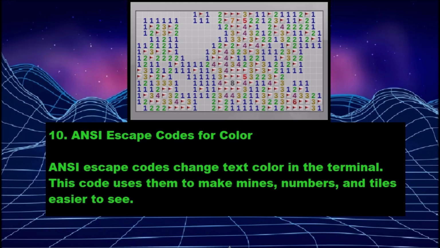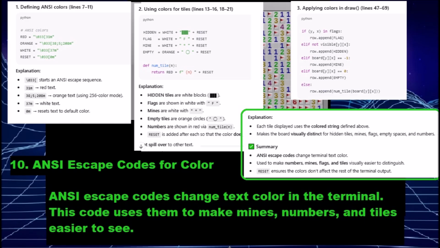Number 10. ANSI. Escape codes for color. ANSI escape codes change text color in the terminal. This code uses them to make mines, numbers, and tiles easier to see.